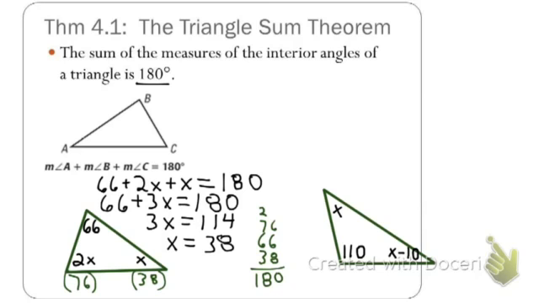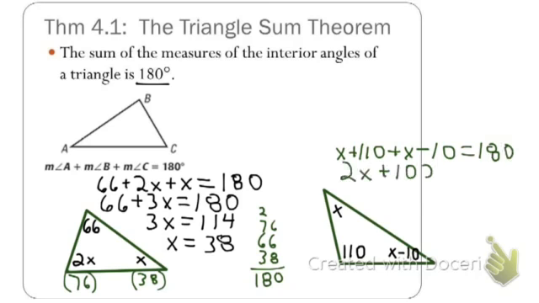Next, we can go up to our one on the right here, and I have x plus 110 plus x minus 10 equals 180. That gives me 2x plus 100 equals 180.